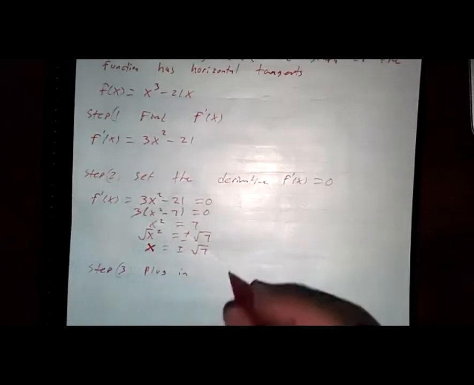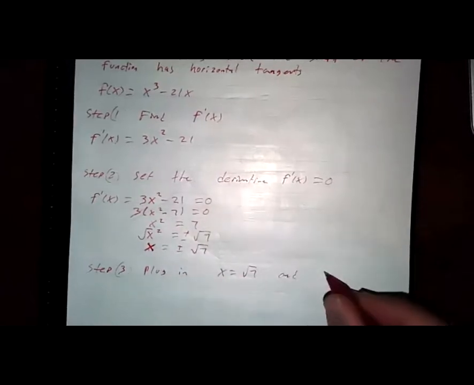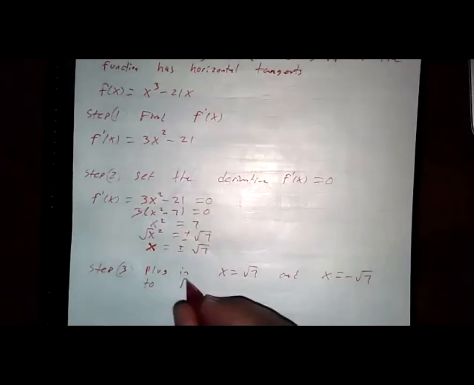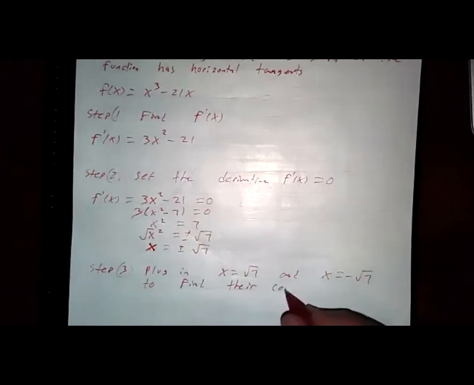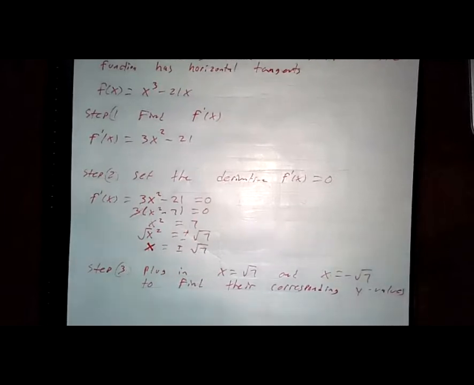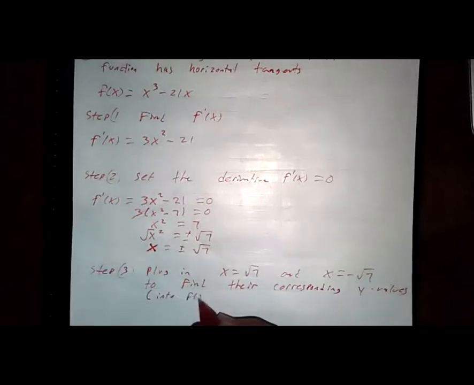Plug in x equals square root 7 and x equals negative square root 7 to find their corresponding y values. Into f of x, of course, right?